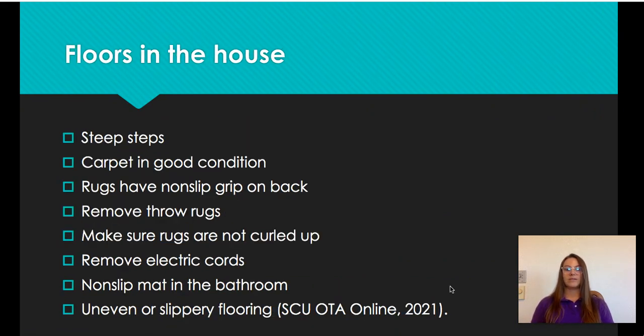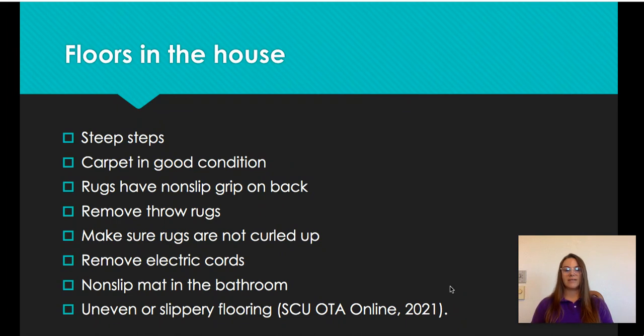Floors in the house. So some things we have identified that can be dangerous in the floors of the house is having steep steps. So you can modify those by having a ramp. If the carpet is ripped apart, that can affect you. So make sure the carpet is in good condition.